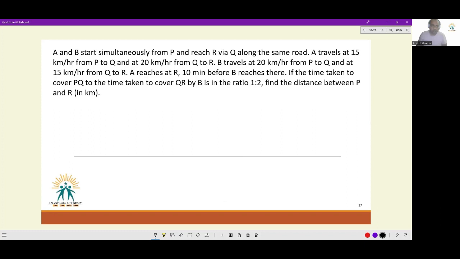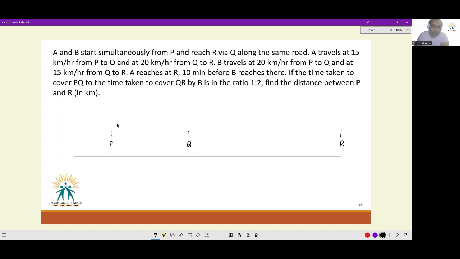Okay. Next question. A and B start simultaneously from P and reach R via Q along the same road.